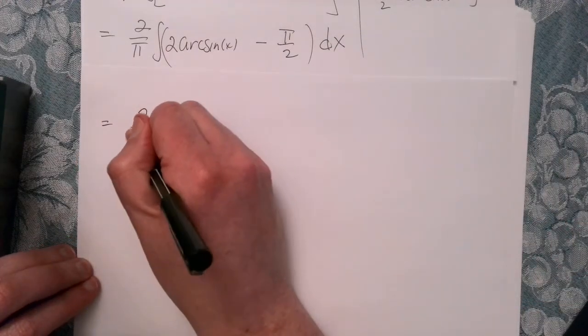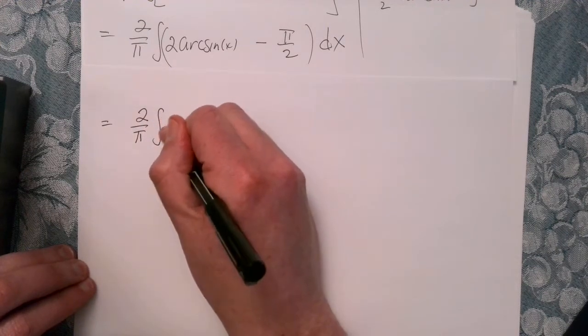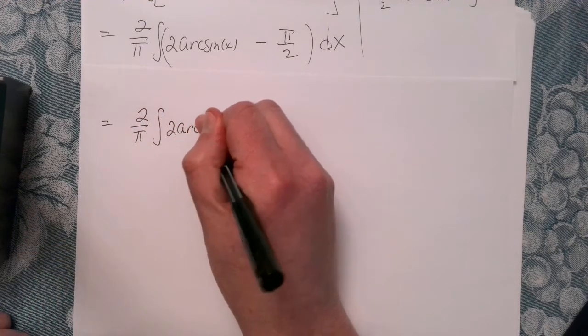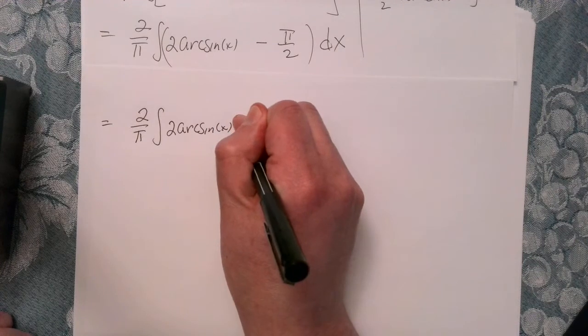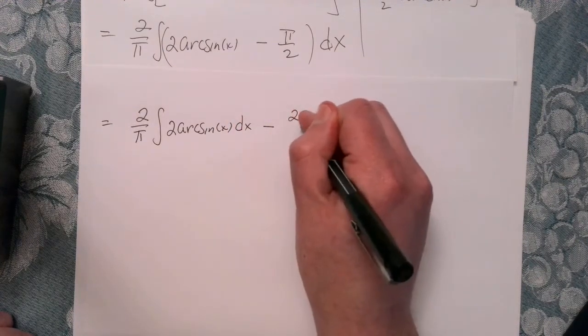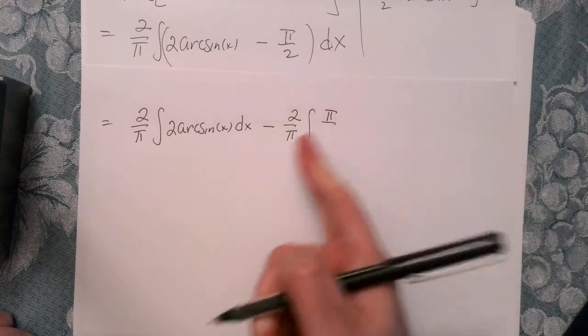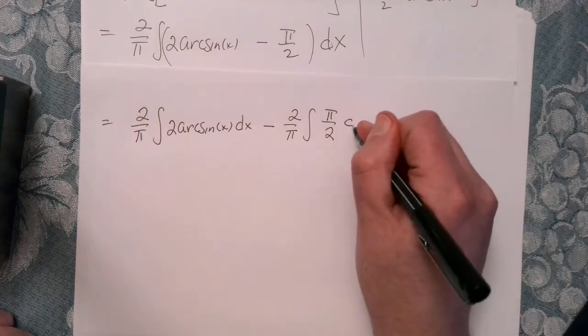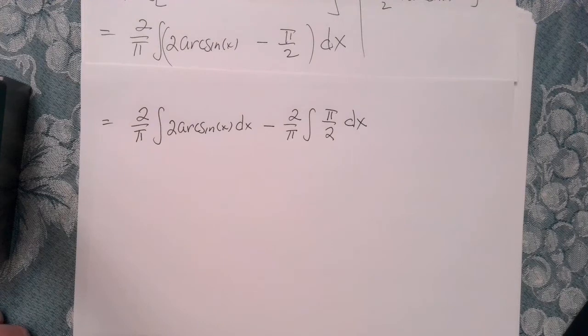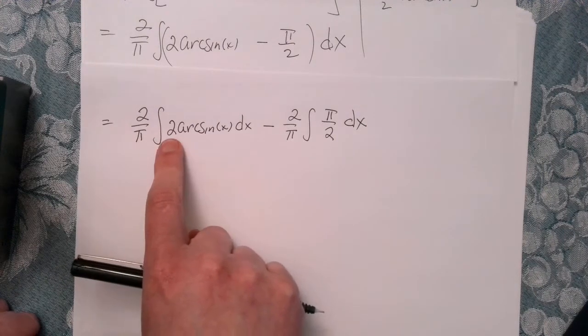So I'm going to have 2 over pi times the integral of 2 arc sine of x dx minus 2 over pi times the integral of pi over 2 dx. Now they're reciprocal, so that's very nice. And so here maybe I'll just factor the 2 out.